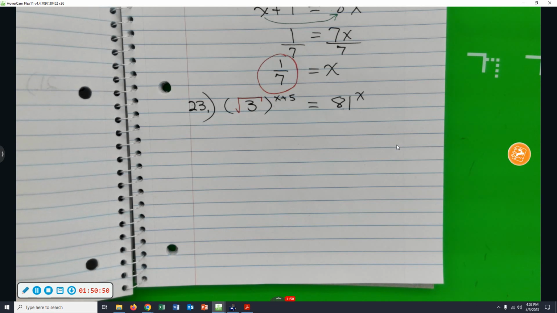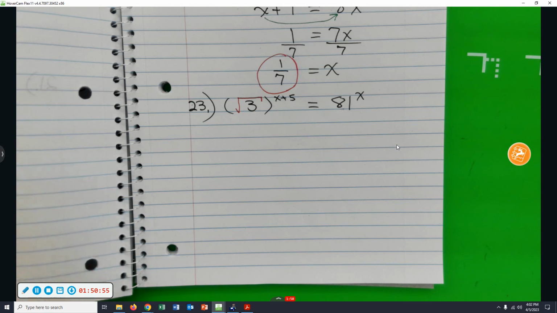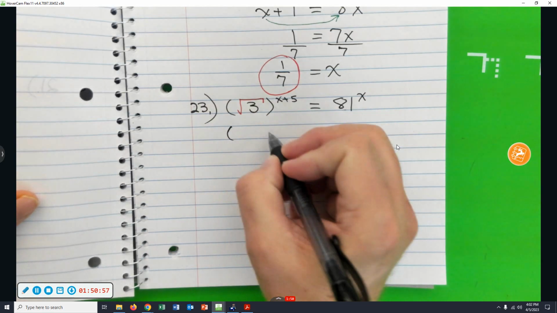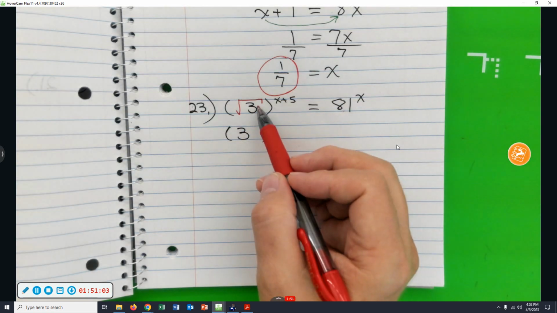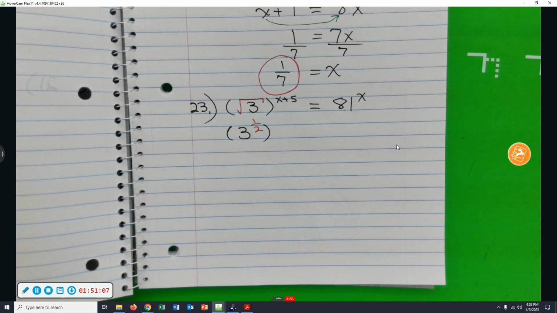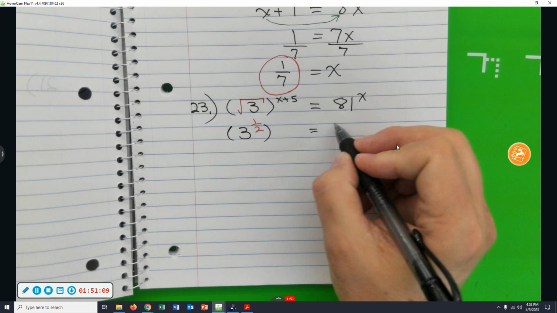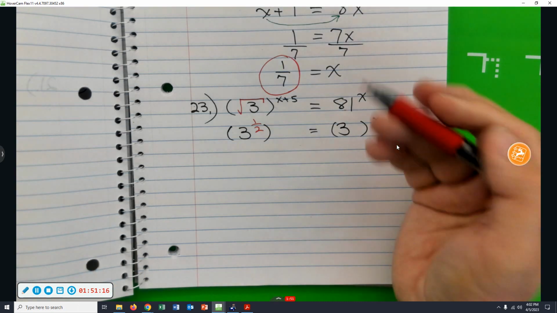Okay. I see a square root and I know I have that trick. I'll rewrite that square root as 3 to the 1 over 2. And then over here, 81 we can write as 3 to the 4.